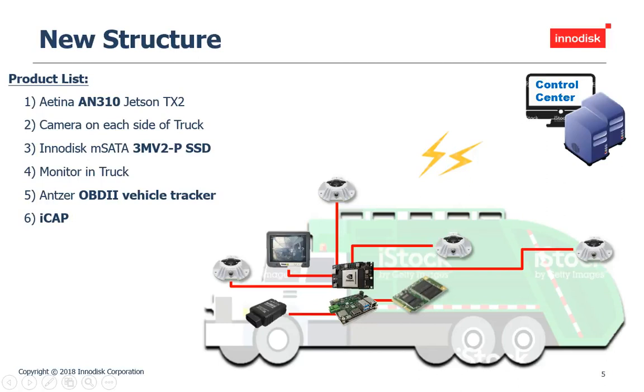So with this new structure, basically it covers all the needs of the customer. The full camera operating with Innodisk 3MV2 SSD and Jetson platform offers fast, stable video quality.